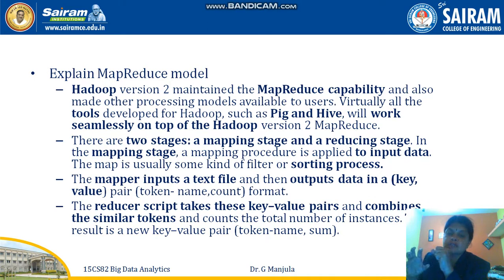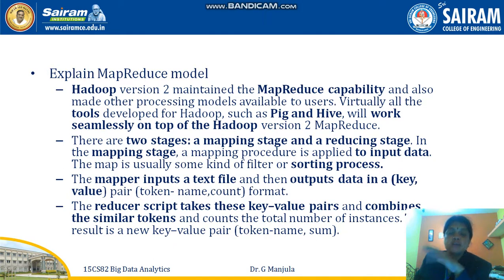The reducer will combine all such data values of similar behavior, similar category, into one set, and after summarizing, it will combine the similar tokens. Where the similarity is more, it combines them, and then it will count the total number of instances that may result in a new key value, which gives one new value.